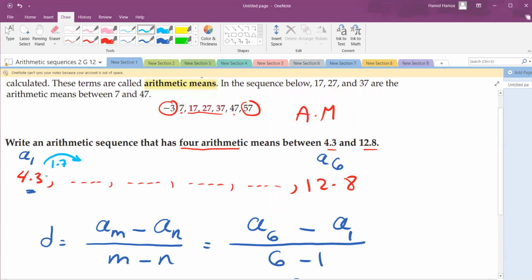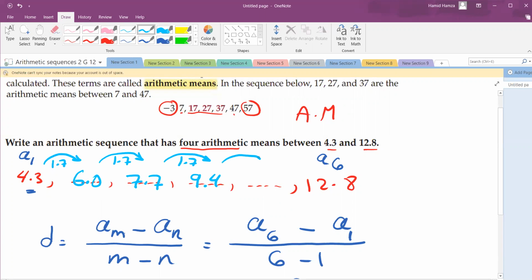So 4.3 plus 1.7, it will be 6.0. Then I add again, keep going like this. It will be 7.7. Then add again, 9.4.